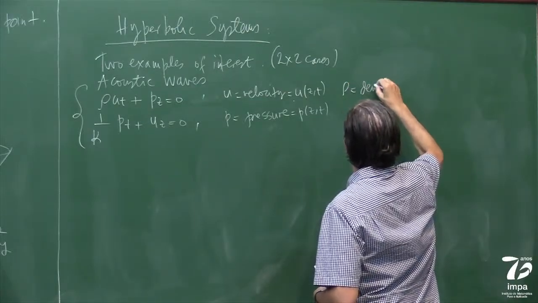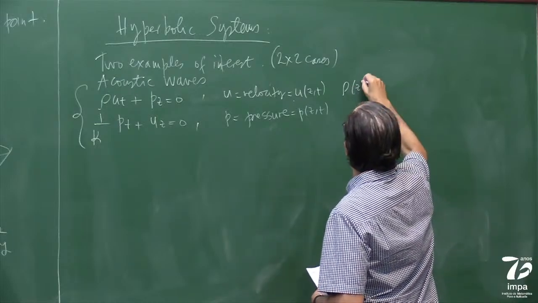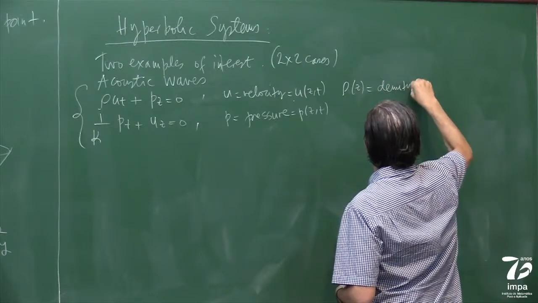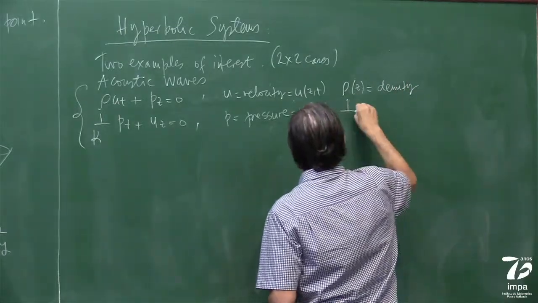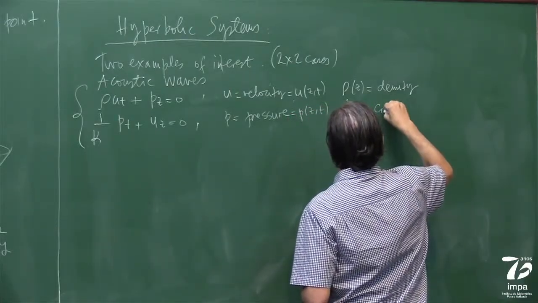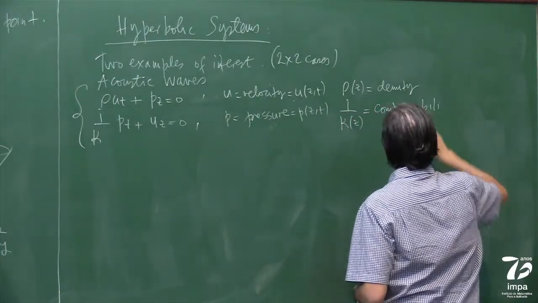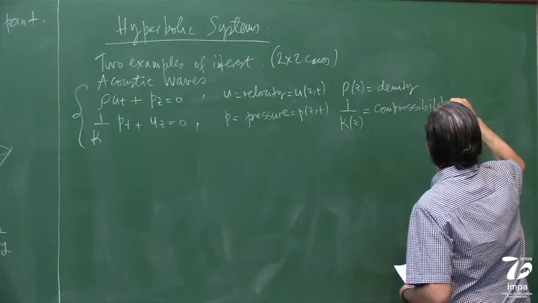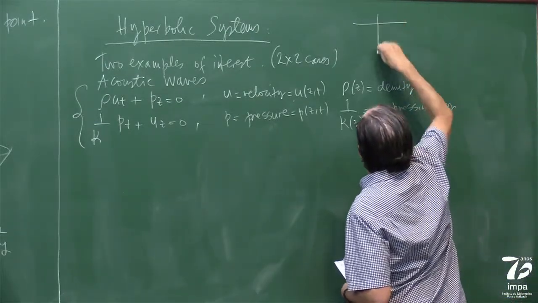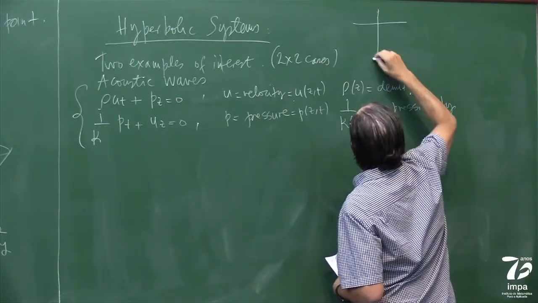Rho of z, or constant, right, is density, and 1 over kappa is compressibility. Okay, so this is the problem. You can put the z up or down, it doesn't matter. Let me put z maybe sometimes down.